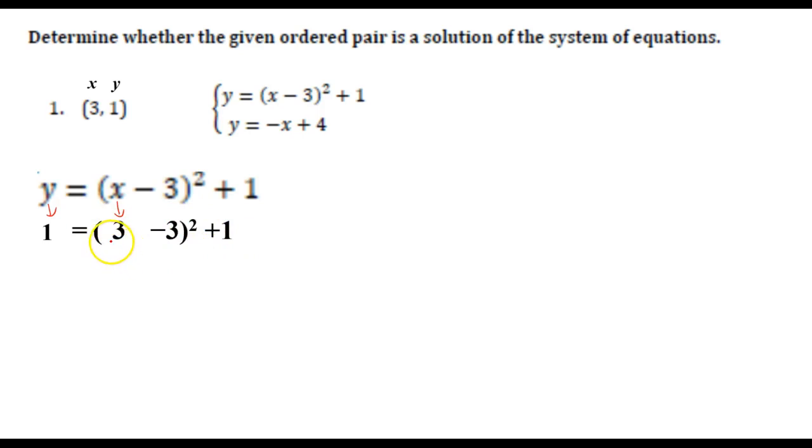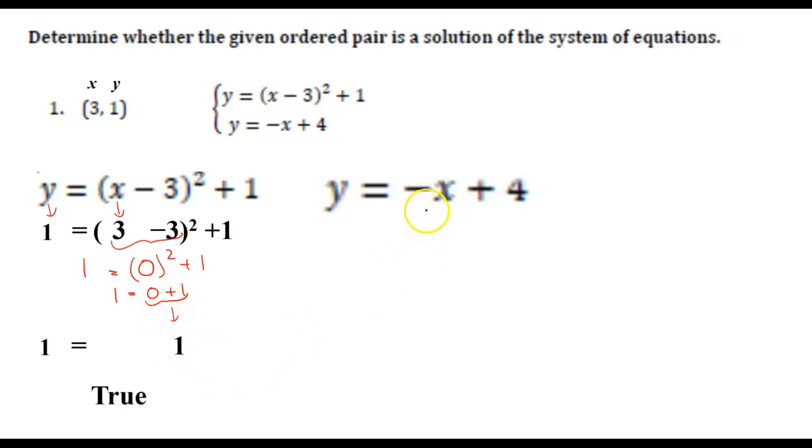I can work this out. 3 take away 3 would be 0, squared, plus 1. Let's work this out further. 0 times 0 would be 0. And would this equal 1? It does! So that's a true statement.